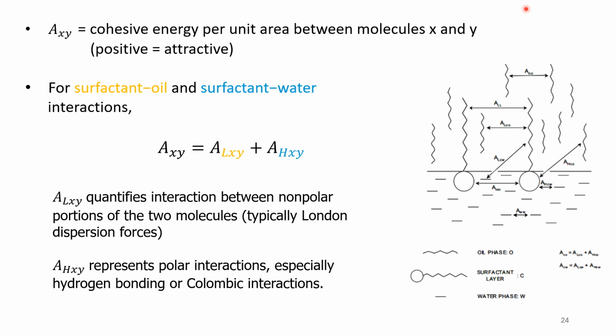So there are different kinds of interactions that can occur if you have the surfactant molecule dispersed in or consisting of water. So what are the interactions that are involved?